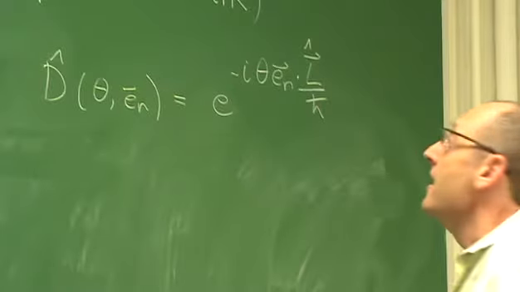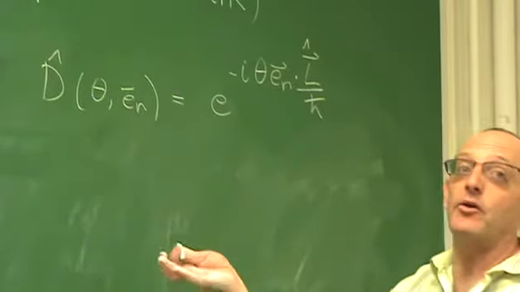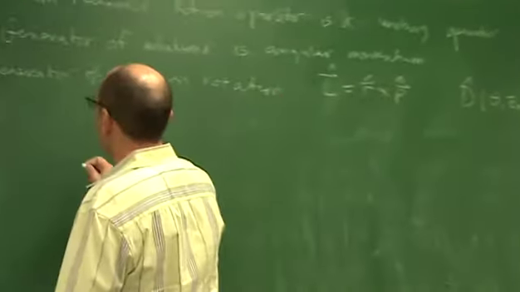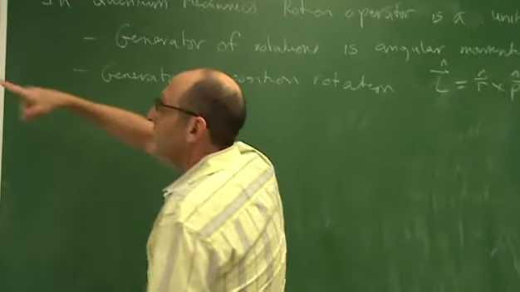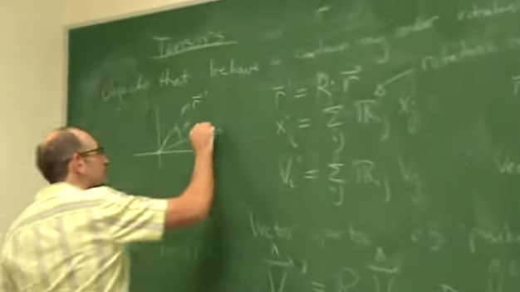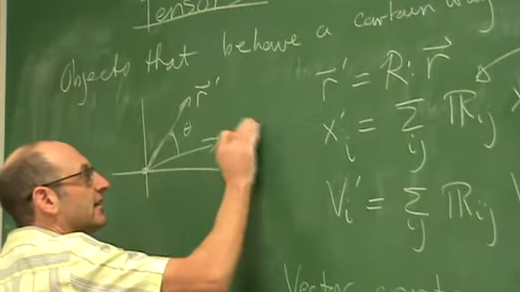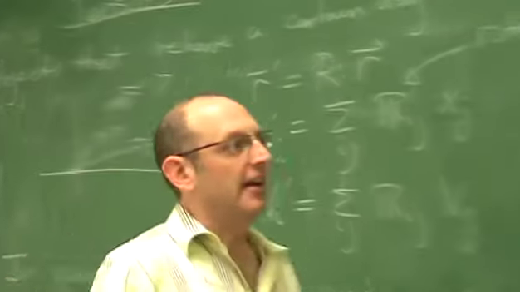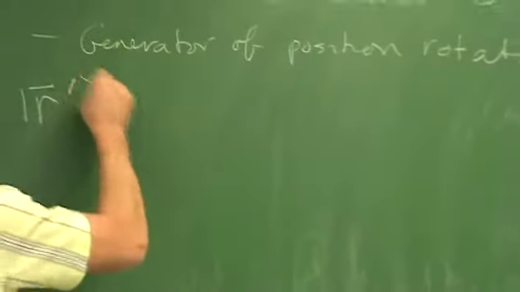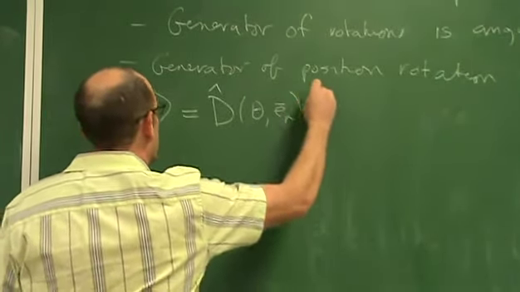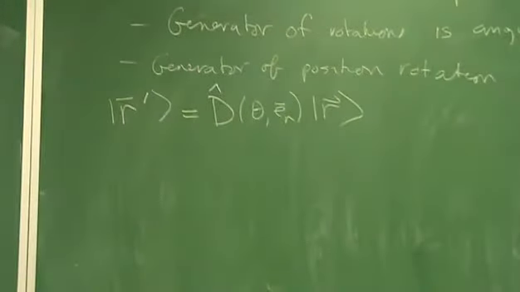What does it mean to say that this unitary operator generates rotations? Well, there's a few things I could say about it. One thing I can say is that if I have this picture over here with R and R prime, and now I think about this not as a position, but a position eigenvector, then the action of this operator on the original position eigenstate is the rotated position eigenstate.